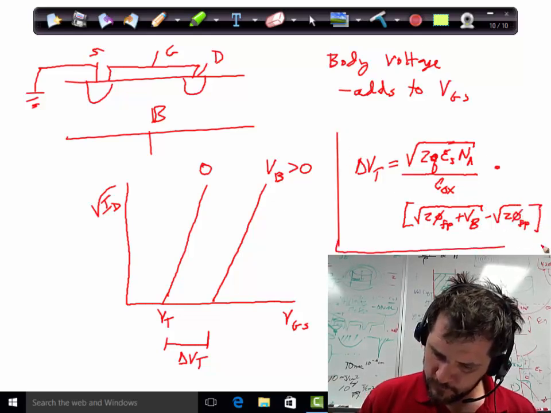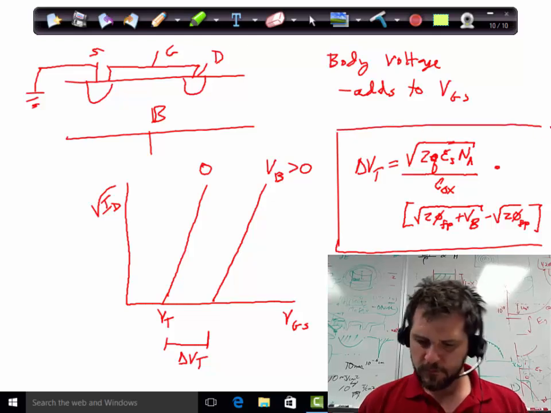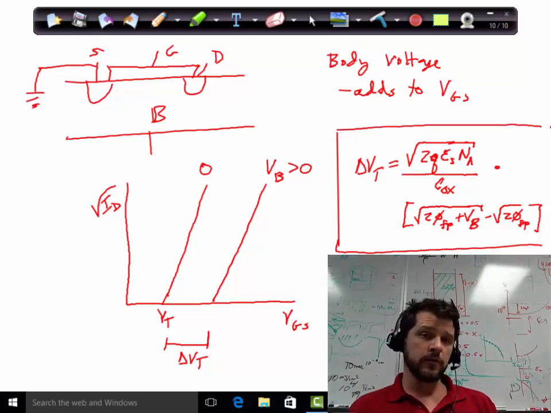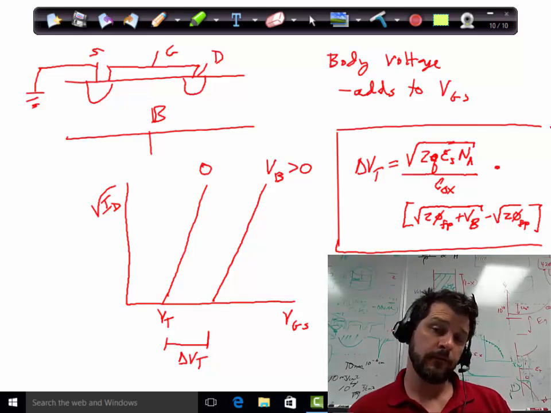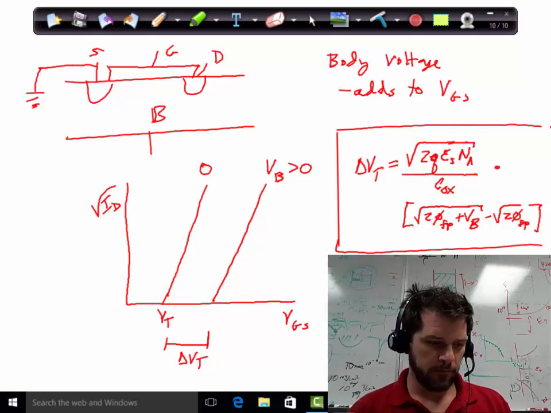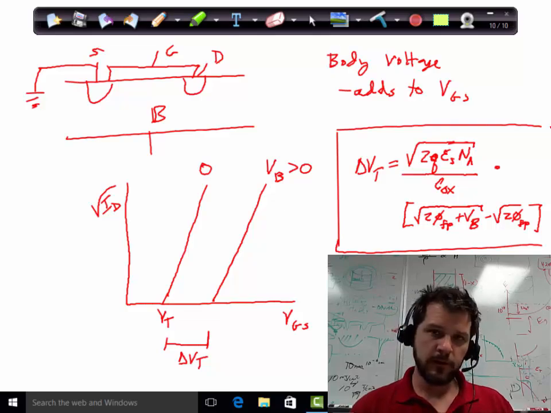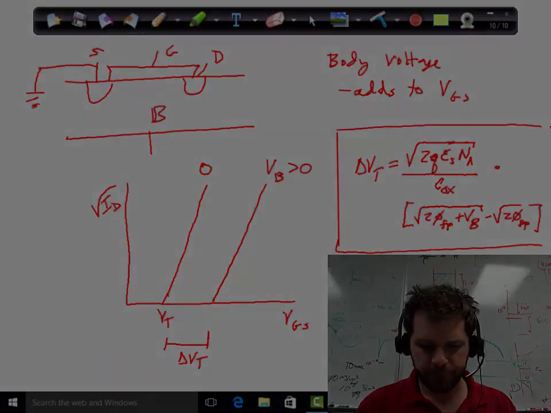Okay, so what you can do is get a little more control over your channel charge by using that fourth terminal, that base, to sort of add and accentuate the effects of the gate.